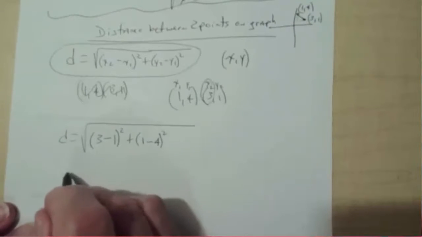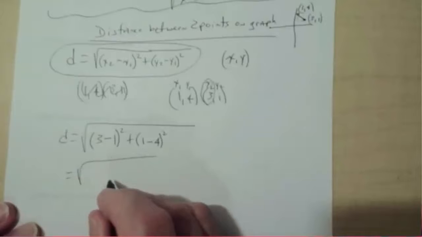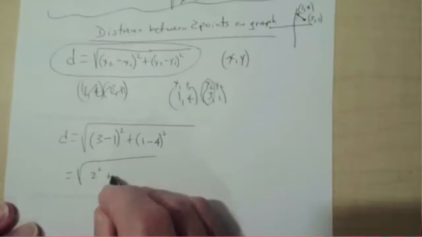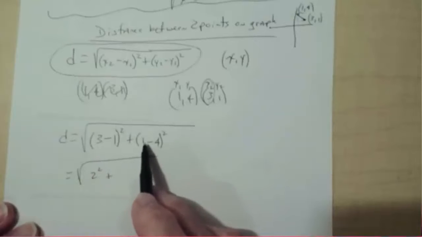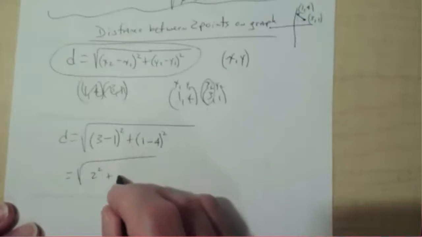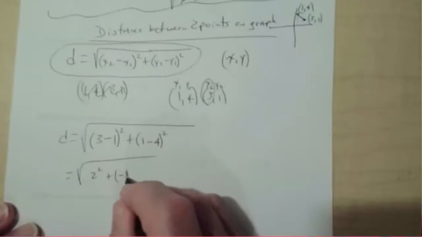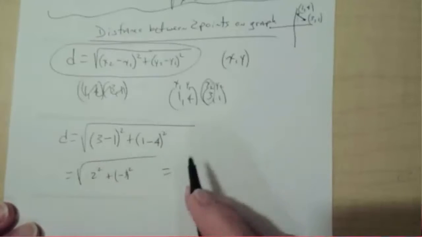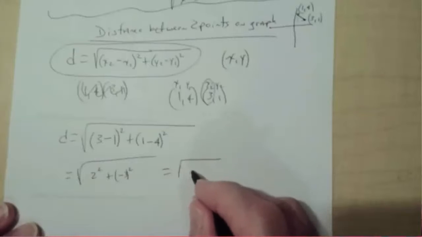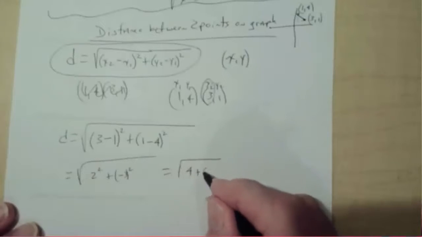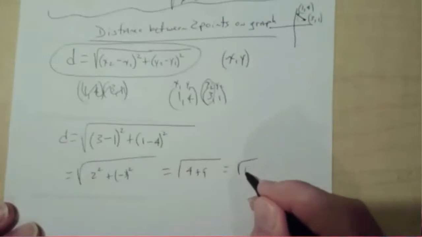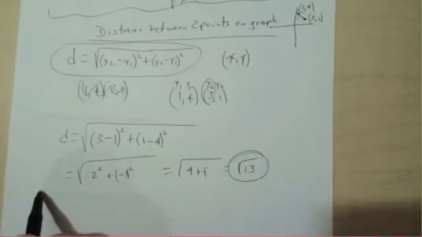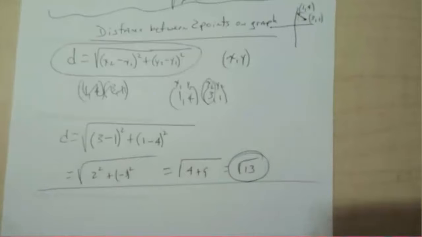It's going to equal the square root of 3 minus 1 is 2 squared plus 1 minus 4 is negative 3 squared. Now it's just the square root of 4 plus 9, which is the square root of 13. Just leave it like that. If you want to put it in your calculator and figure it out, go right ahead.